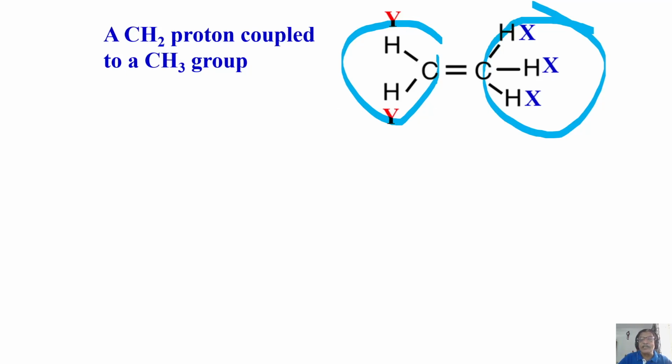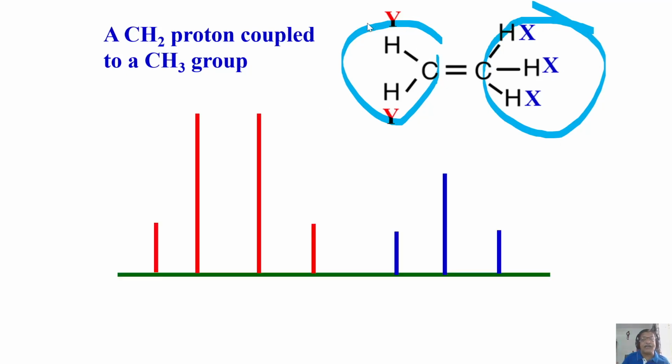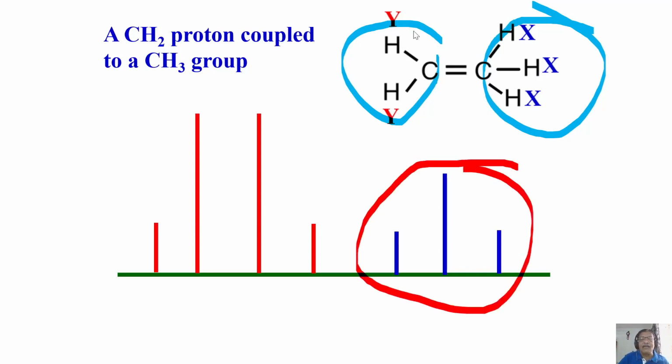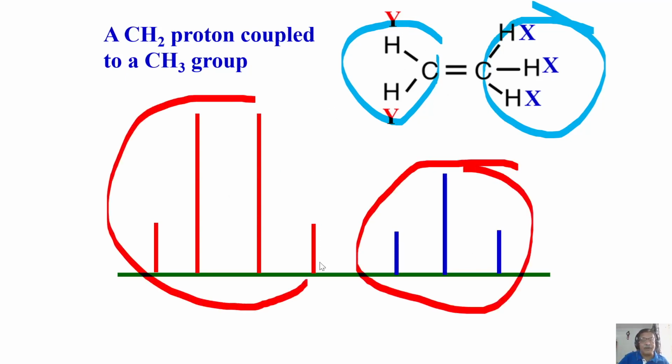This CH2 splits this into a triplet. This CH3 will split this into a quartet. So the spectrum should be like this: CH3 has to be a triplet and CH2 has to be a quartet. Very easy. CH2 is a quartet because of CH3, and CH3 is a triplet because of CH2.